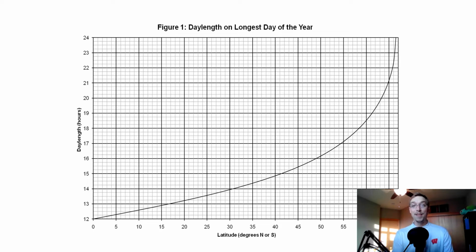This is from the Insolation in the Seasons lab, where you were trying to figure out insolation at 5 different cities across our globe. And this is the graph we use to determine the longest day of the year. So when it's the summer season for the northern or the southern hemisphere, we use this.